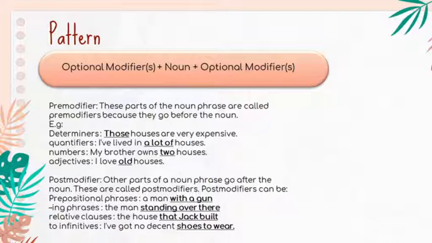And as we know, there may be more than one post modifier. For example, an 8-year-old boy with a gun who tried to rob a sweet shop, and that girl over there in the green dress drinking a Coke.